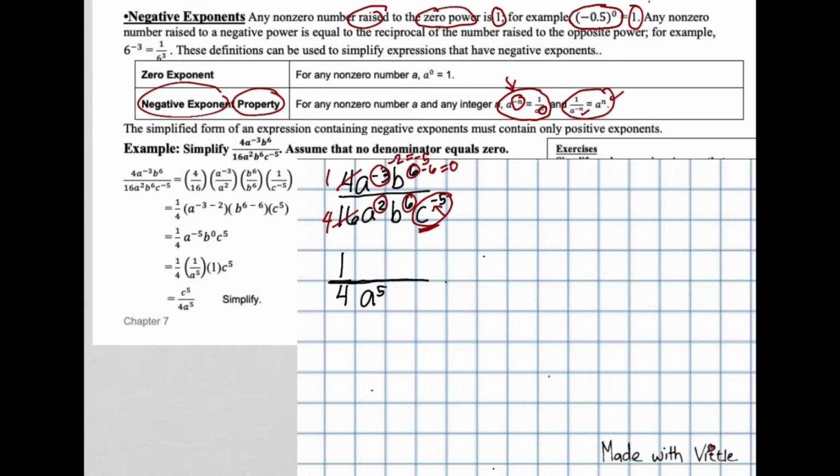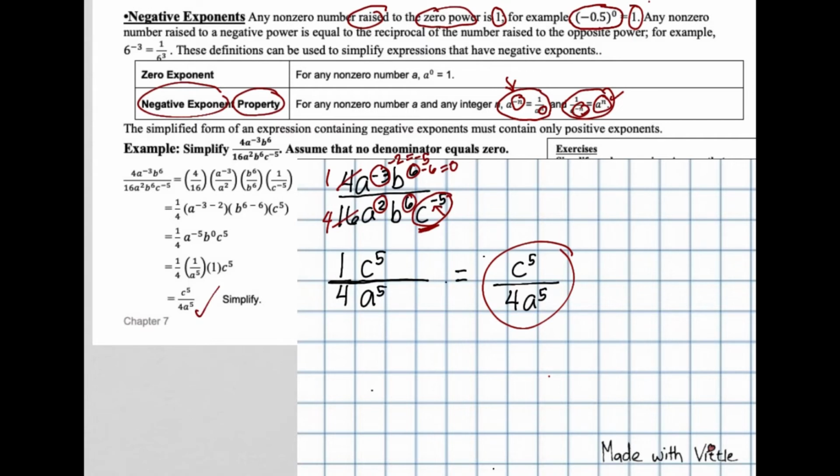So remember, if it has a negative power and it's at the bottom, you can go ahead and place it on top of the fraction, so you can write the power as positive. So from here to here at the top. Our final answer is c to the fifth power divided by 4a to the fifth power.